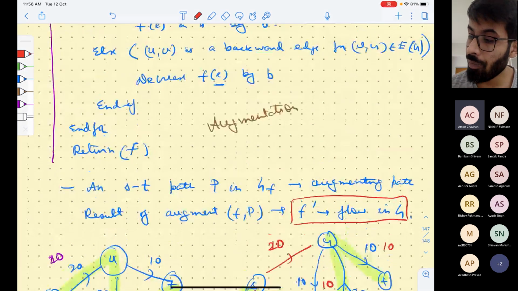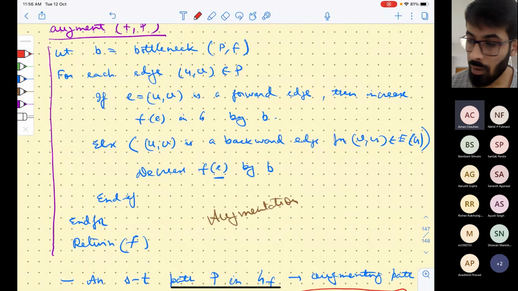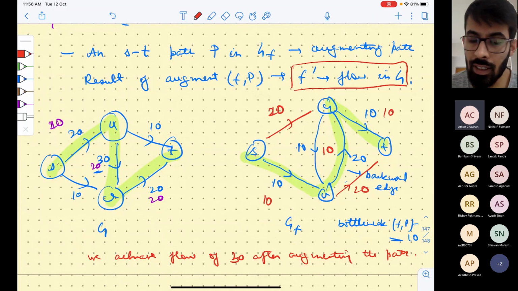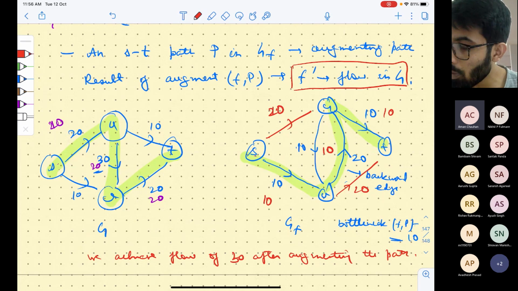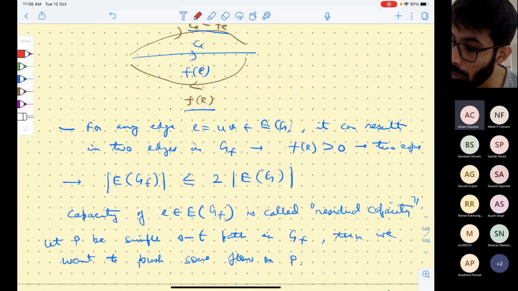Is there any question? By the backward edges of weight 20 in the GF, shouldn't it be 30 plus 20? Because flow is coming of 20. How is the backward edge coming 20 in GF? Backward edge, what is the capacity of backward edge?